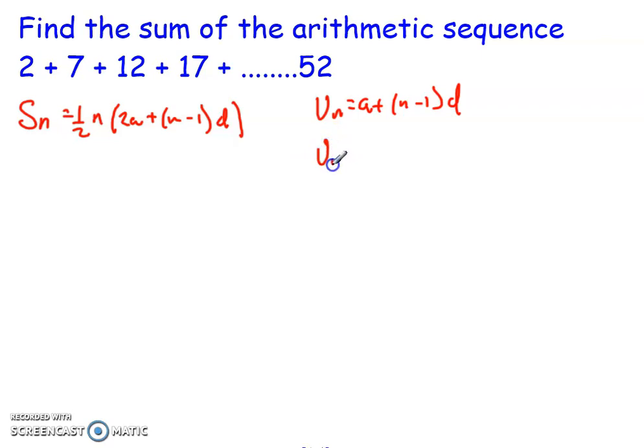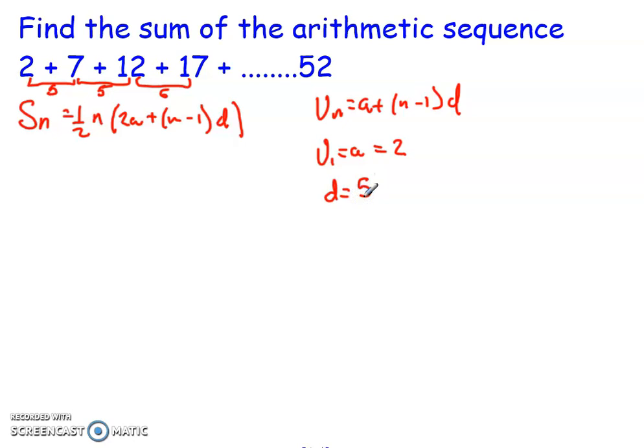So u1, that gives me my a, what we know already, so that's going to be 2. I then look for the common difference, again look at the difference between consecutive terms. So 7 take away 2 gives me 5, 12 take away 7 gives me 5, 17 take away 12 gives me 5 again. So my common difference in this case is equal to 5.